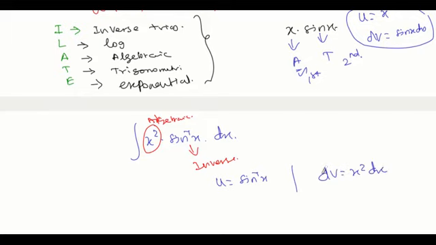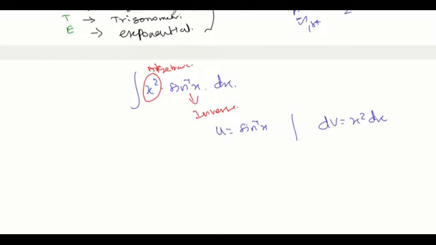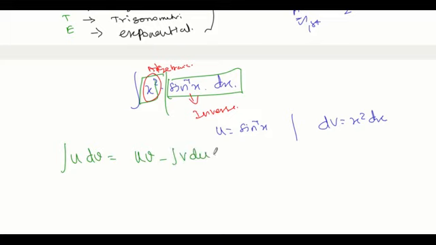We have to split the given function into two forms only. This is the first function, this is the second function. Like that we should split it. After I write this u and dv, we need to go for the procedure, because we know that integral u dv equal to uv minus integral v du.